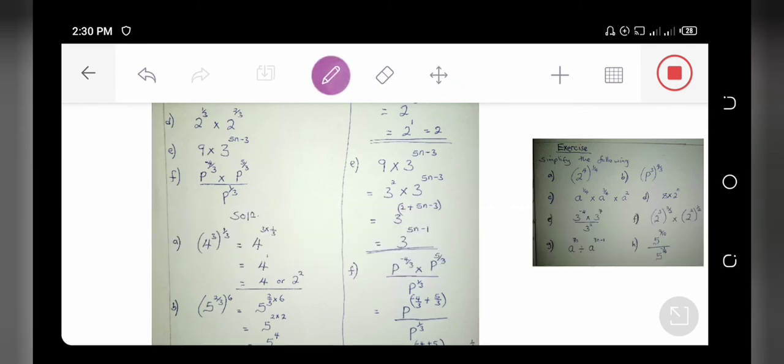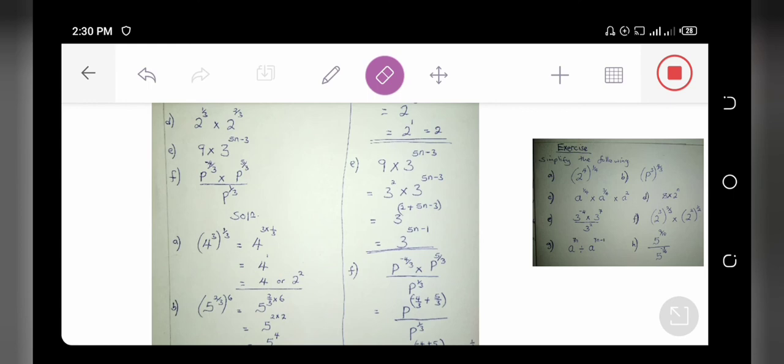You obtain 3 squared times 3 to the power 5n minus 3. When you look at this, you are multiplying indices whose bases are the same. Therefore, we add the powers. When you add the powers, it will be 2 plus 5n minus 3, which is a new power of 3. And when you simplify the powers, the answer is 3 to the power 5n minus 1. That is our answer to part E.